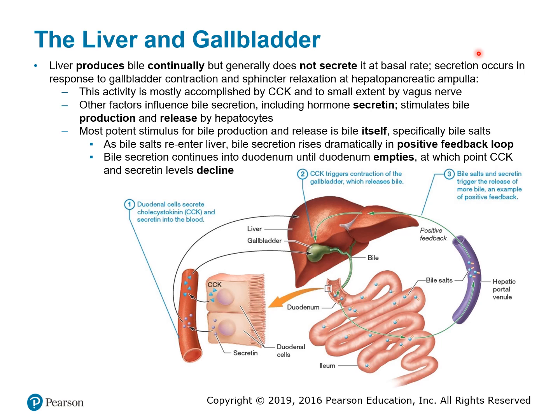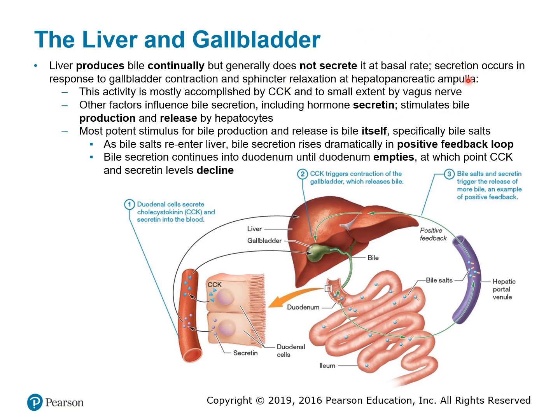It's not going to be doing it at a basal rate. Now, this activity is mainly accomplished by the cholecystokinin hormone, so it is going to be controlled by that. And then, of course, the vagus nerve also plays a role in that.